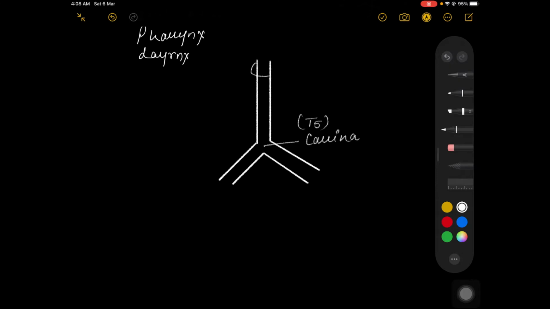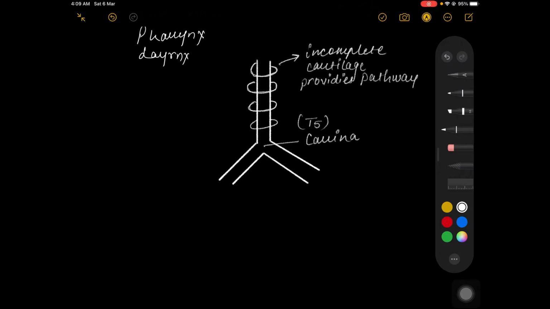Now this trachea is guarded by a cartilage that is C-shaped cartilage, or it is also known as the incomplete cartilage. Why is this cartilage incomplete? Because this incomplete cartilage provides a pathway to the esophagus on the posterior side.